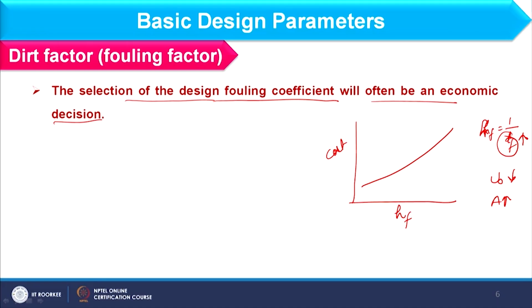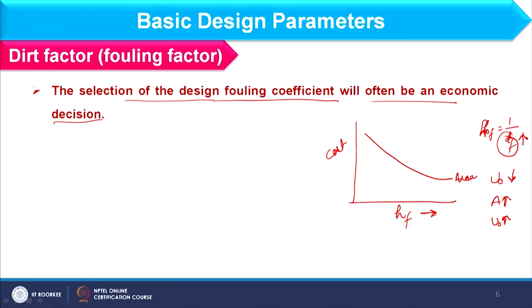However, in this direction, if HF is increasing, what is the meaning of that? The overall heat transfer coefficient will increase, so the heat transfer area will decrease like this.